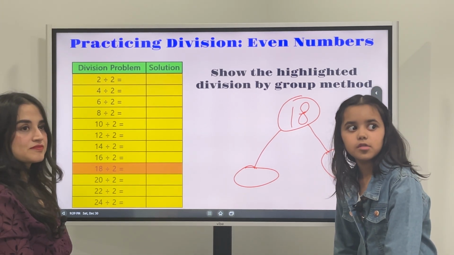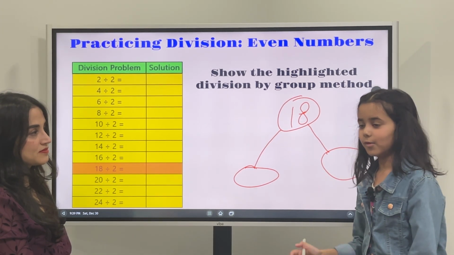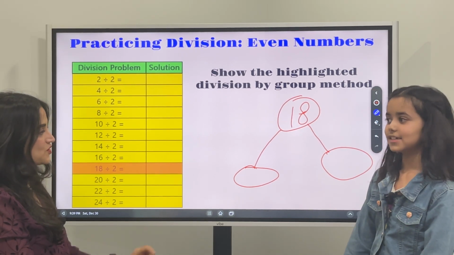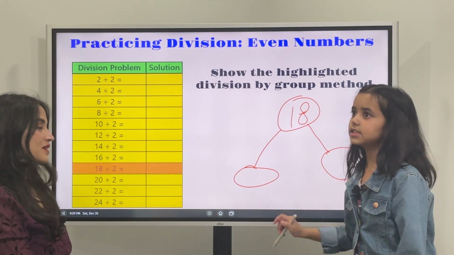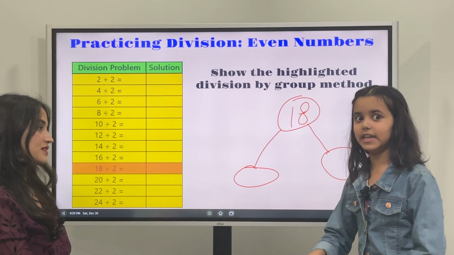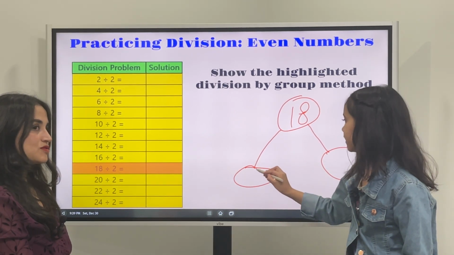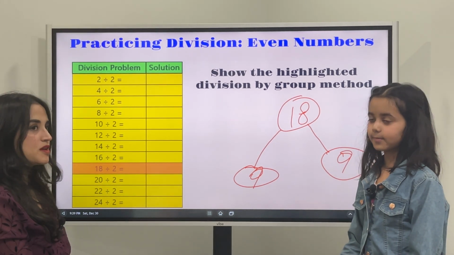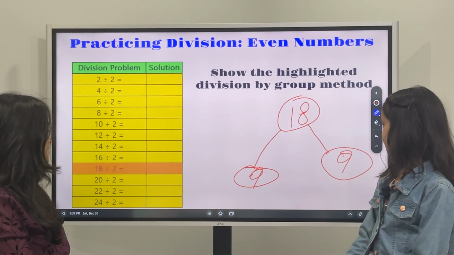And remember how I said, what's 9 plus 9, Frau Mercy? Yeah, 18. Since there are 2 groups, it'll be 9 and 9, right? That equals 18. So both of them get 9 and 9 oranges.